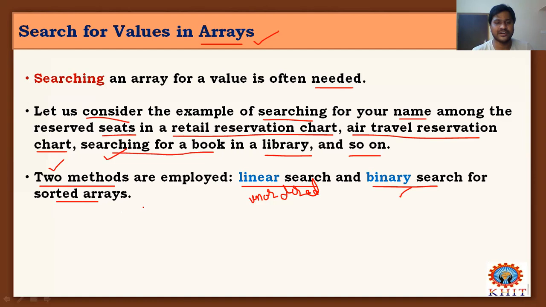So unordered elements are taken into an array and linear search is applied, whereas for sorted array elements we apply the binary search algorithm to find the desired element in the given group of elements in the form of an array.